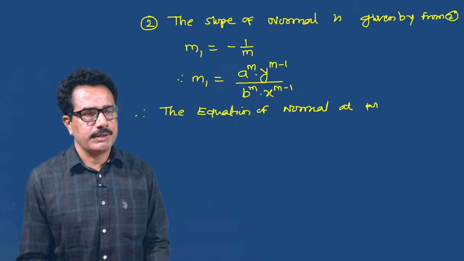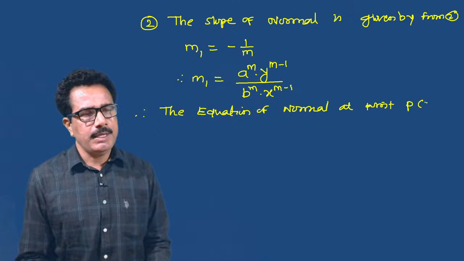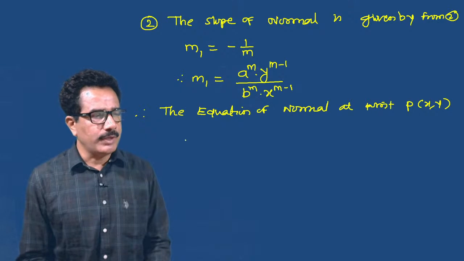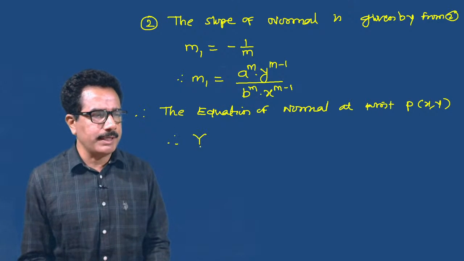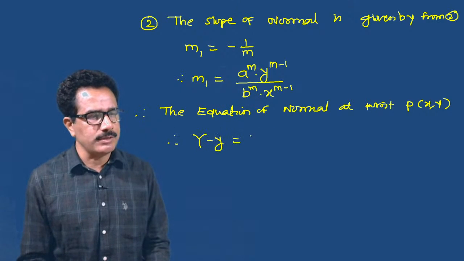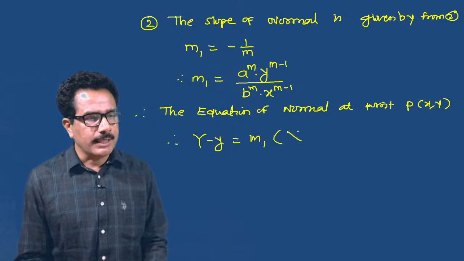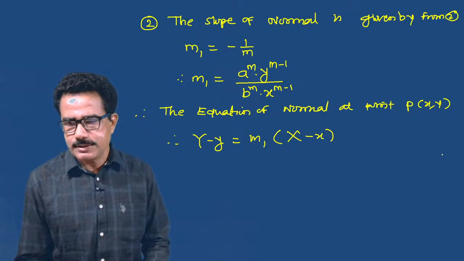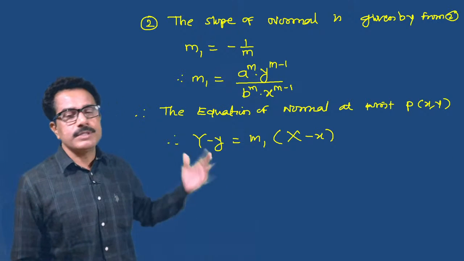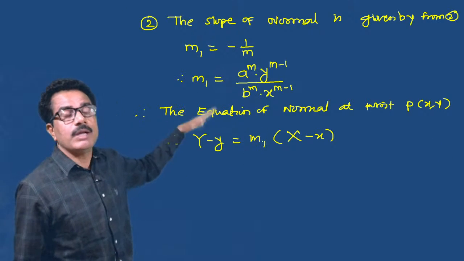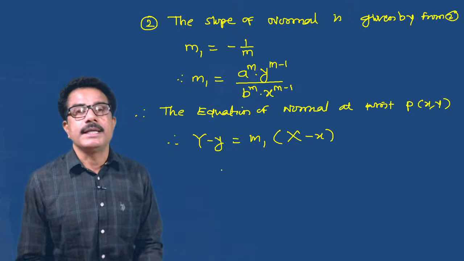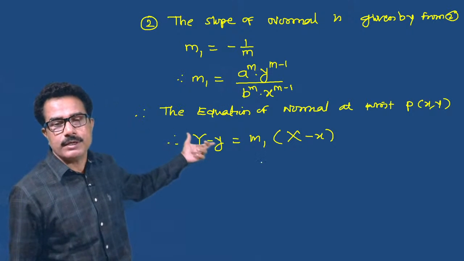at point P(x, y). What is that formula? Same, capital Y minus small y is equals to m1, the slope of a normal, into capital X minus small x. So put this value of the slope of a normal in this equation of normal.